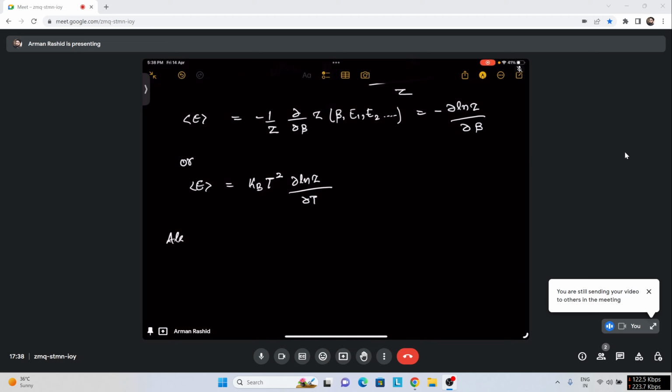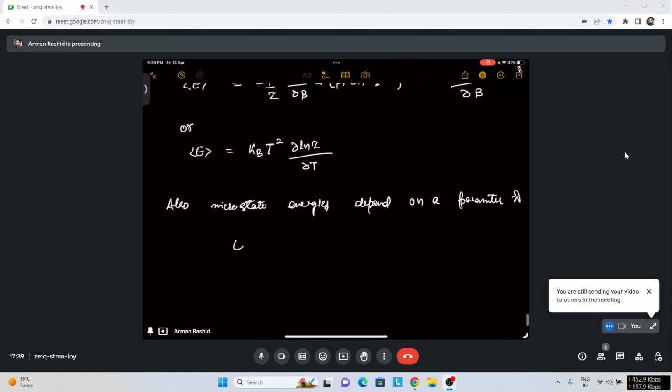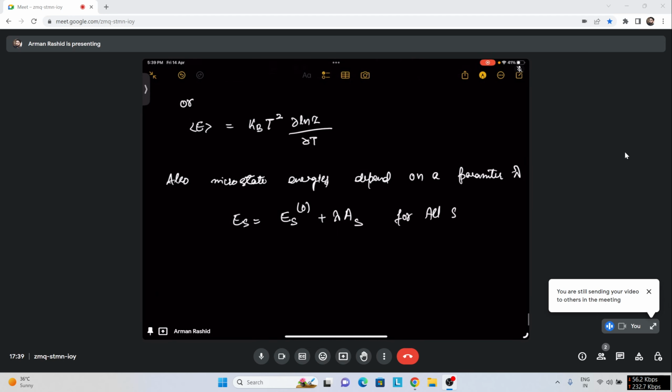Also, if we say that microstate energies depend on a parameter called lambda, then Es will be given by Es0 plus lambda As. This is true for all s, that means all states.